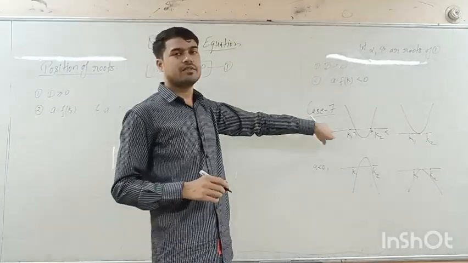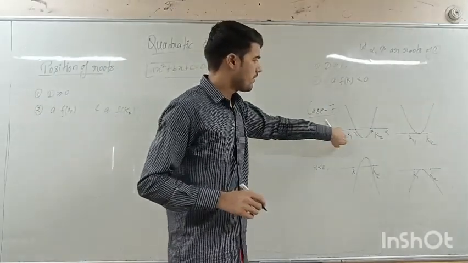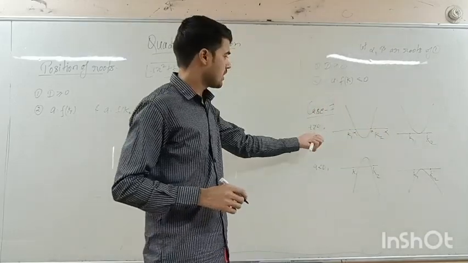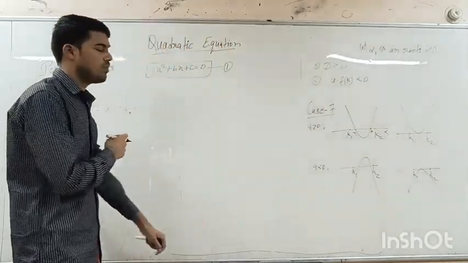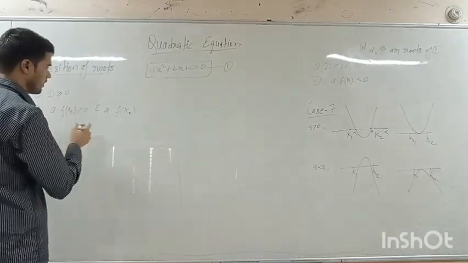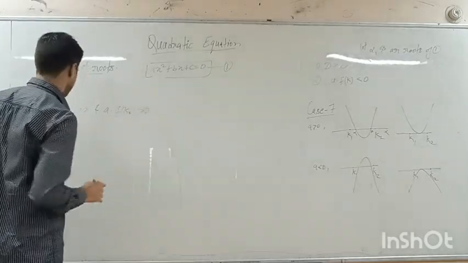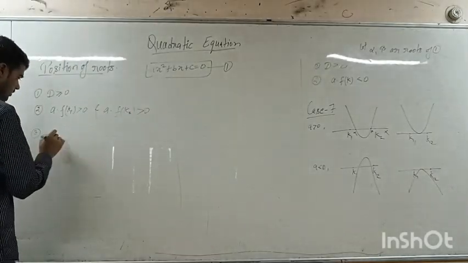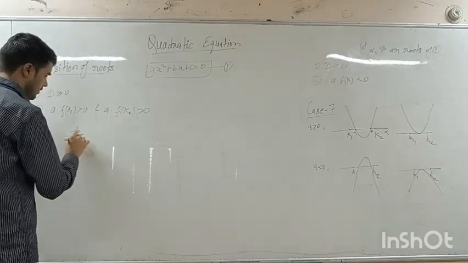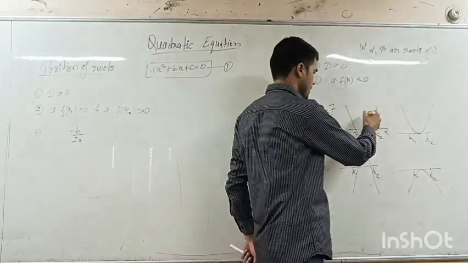That a, f(k1) and f(k2) are of the same sign, meaning f(k1) and f(k2) have the same sign as a. So a times f(k1) will be greater than 0 and a times f(k2) will also be greater than 0. And what do we observe about minus b by 2a? Where will minus b by 2a be? Minus b by 2a will be here.